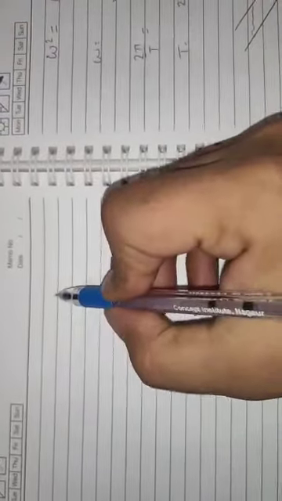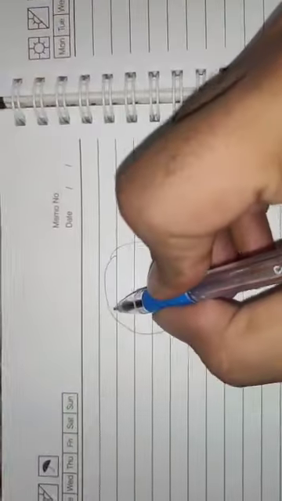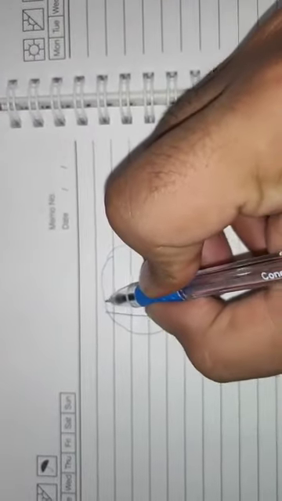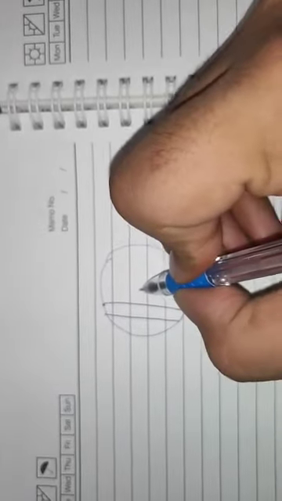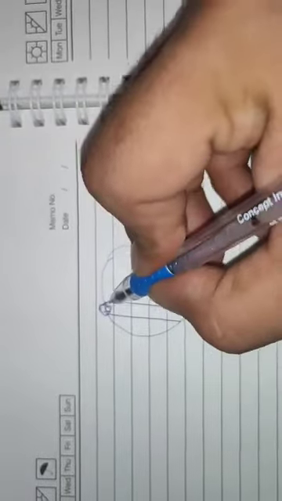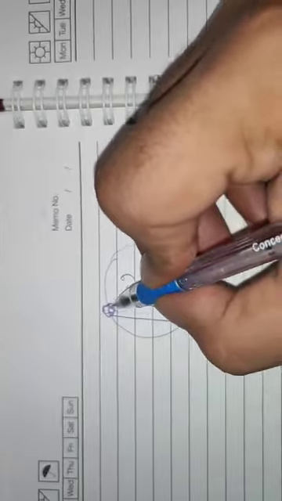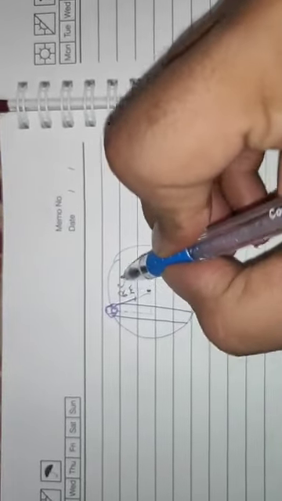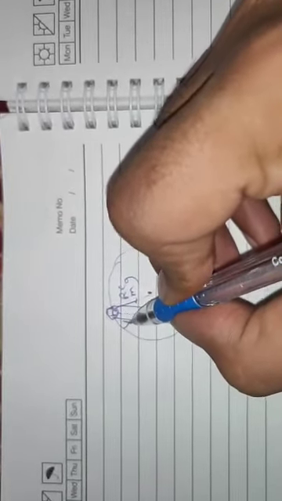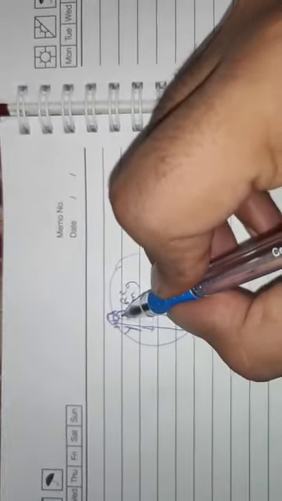Now further we will see another case. Suppose I am digging a tunnel inside the earth, and this is the center of the earth. If there is a small mass m, mg is towards the center. This is RE and this is displacement y. This angle is theta.